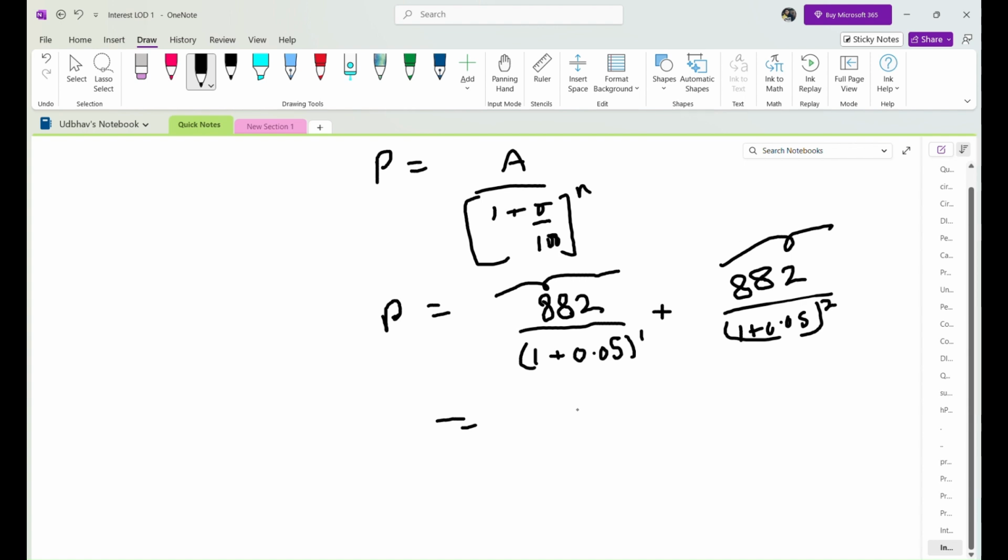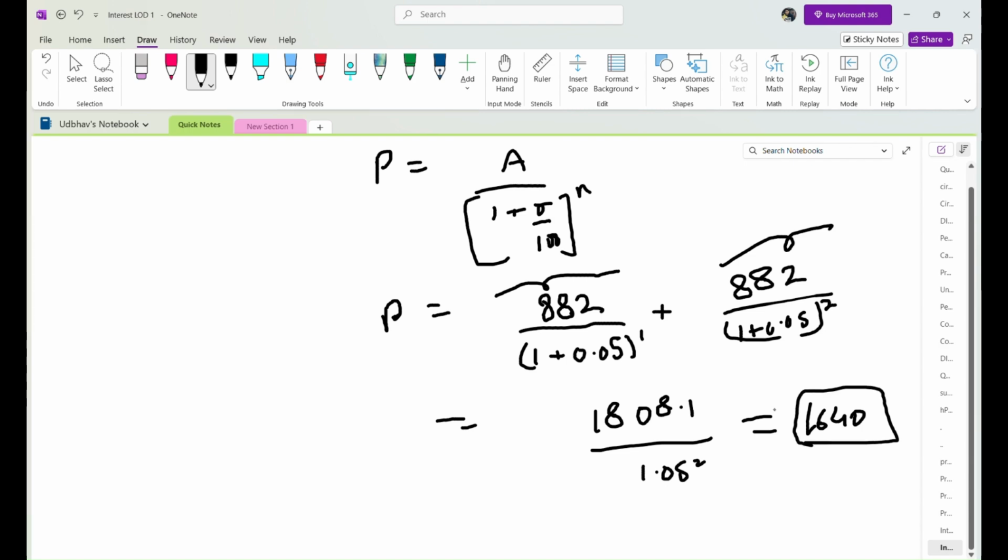So after solving this, what will we get? 882 into 1.05 plus 882, that is 1808.1 upon 1.05 square, divided by 1.05, which gives 1640.